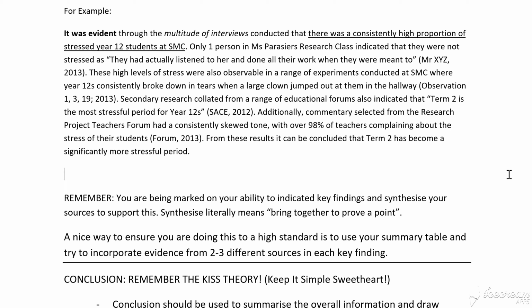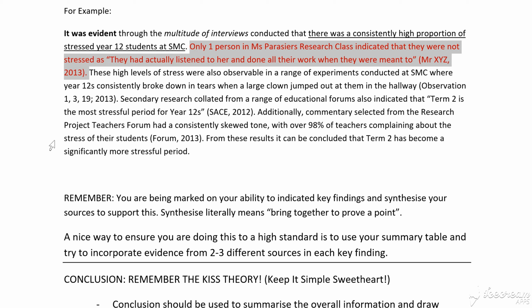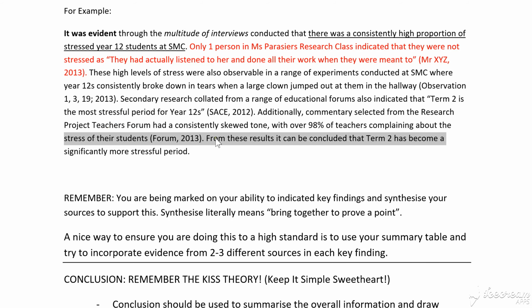And what we can do is work through this paragraph to see the different pieces of evidence that support that. So the first piece of evidence is a quote that is explaining why only one person was not stressed. Now obviously this is a silly example designed just to show you how you might write something up.